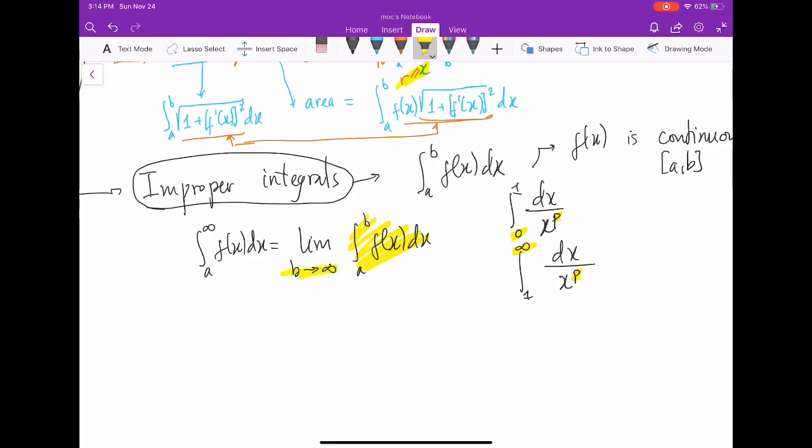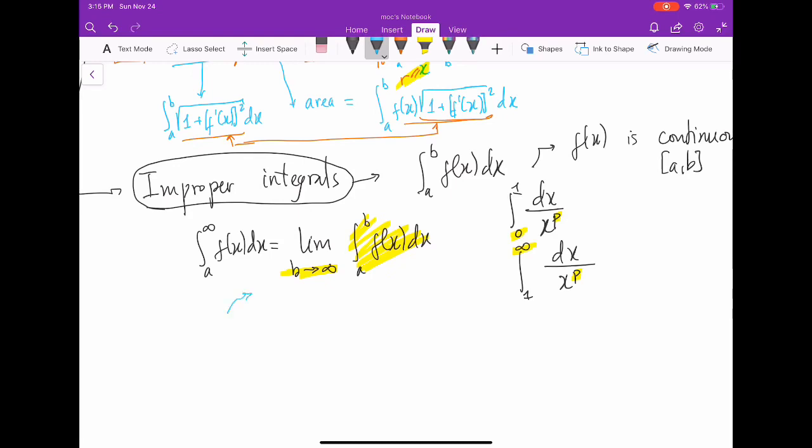So if this limit exists and is equal to a finite number, your integral is said to be converging. If this limit does not exist, or is equal to infinity, your integral is said to be diverging, right?